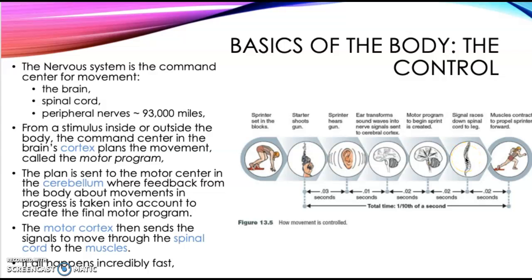So it travels down the spinal cord and then out the peripheral nerves to the muscles that make us sprint. And so the muscles start contracting so that the legs can start moving and sprinting really fast. And while that seems like a lot and a long process to occur, all of this happens within less than a second. It's very, very quick how these things occur.